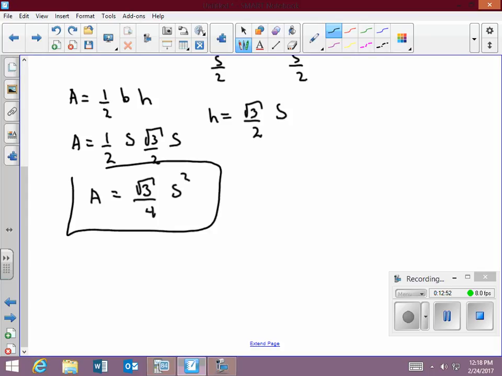And that's writing the area of the equilateral triangle in terms of the side S.